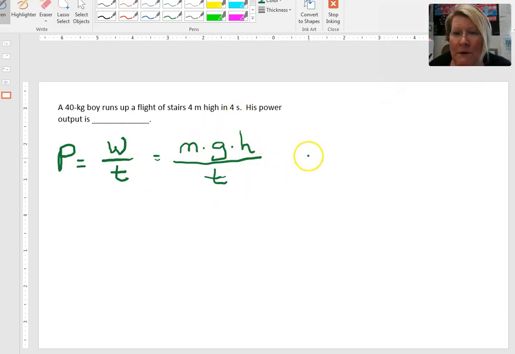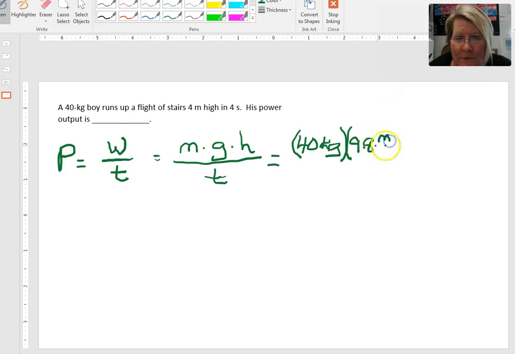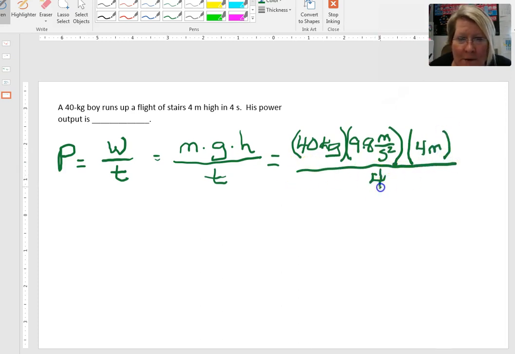So all we're going to do is substitute in 40 kilograms for his mass, gravity, 9.8 meters per second squared, multiplied by 4 meters for the height, and we're going to divide that all by 4 seconds.